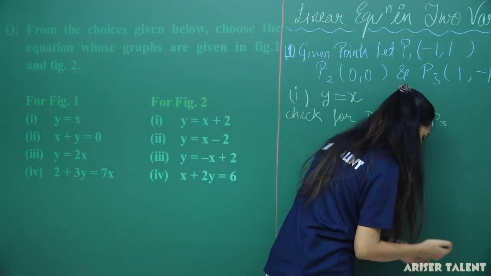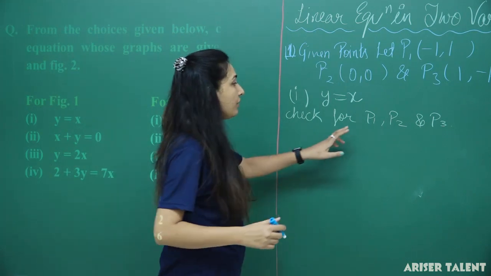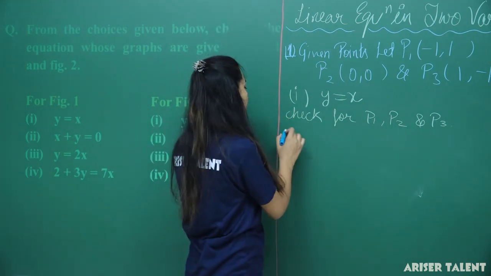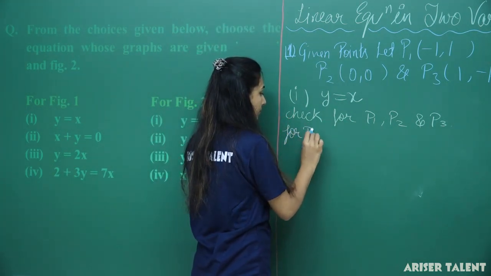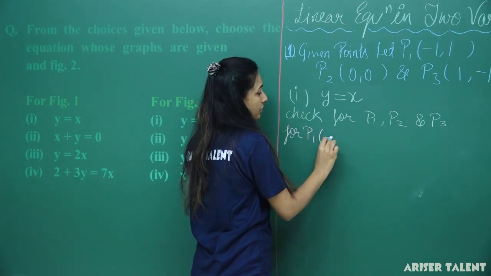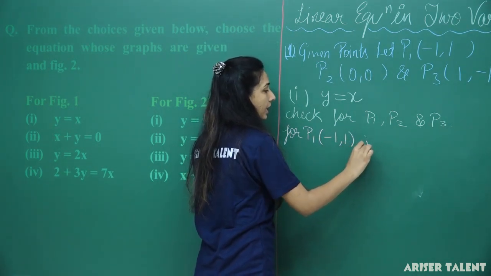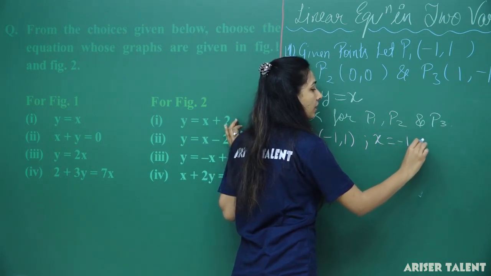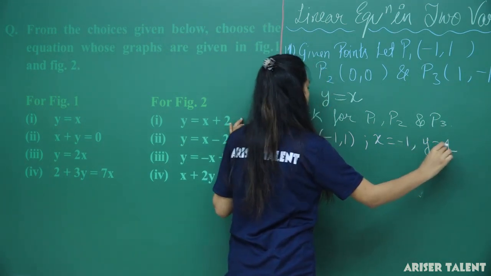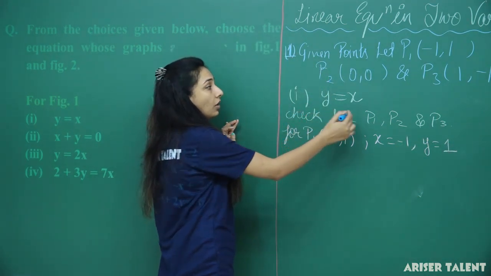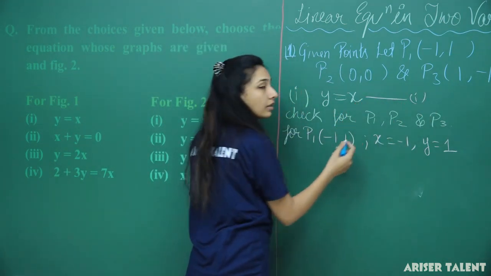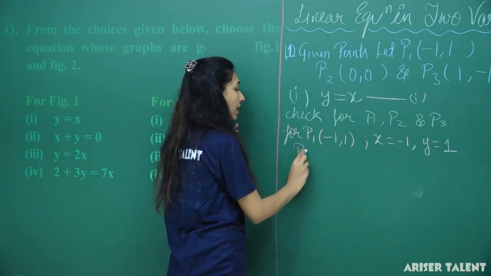So now we will check it for P1, P2, P3. For P1, which is minus 1, 1, x equals minus 1, y equals 1. Now this is equation 1, the given equation, and we are putting the values in it.